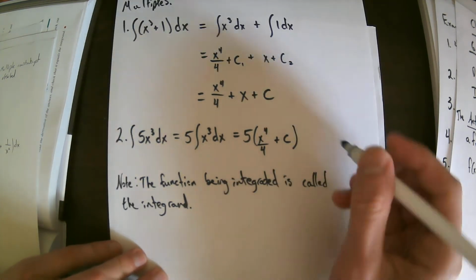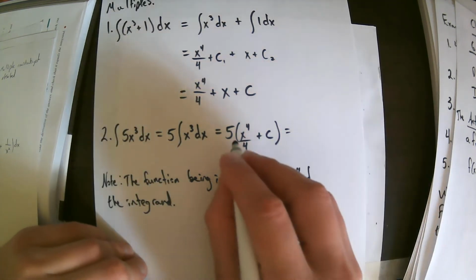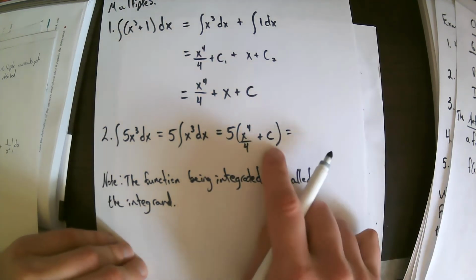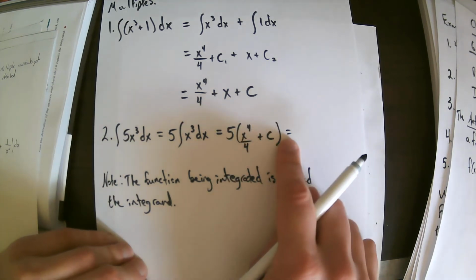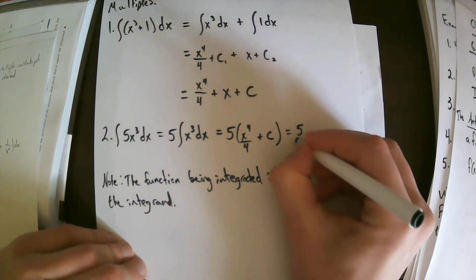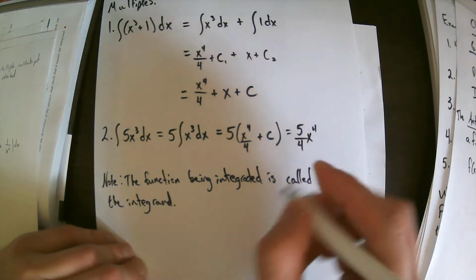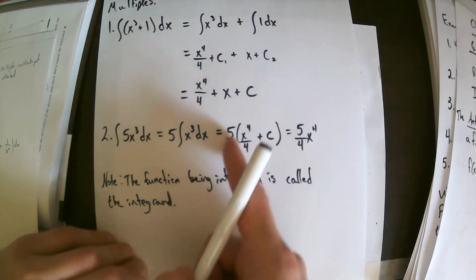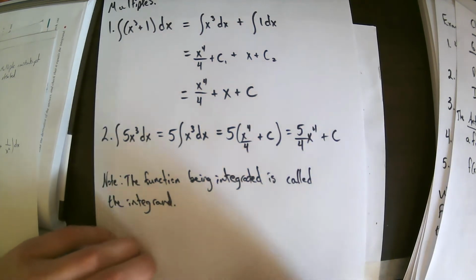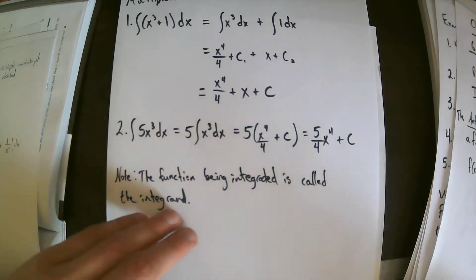Then I can distribute this 5, but that constant is going to absorb that times 5, because if it's 6 here and I multiply by 5, it just becomes another real number. So I can just say 5 over 4 x to the 4th, multiplying the 5 by this first term, and then plus c, because that c can absorb that times 5. Okay, let's do some more examples with sums and differences.